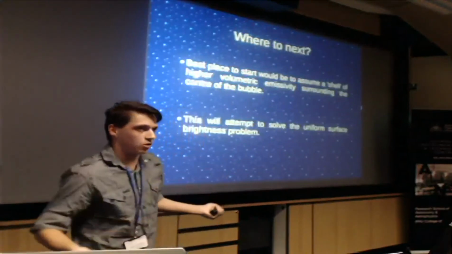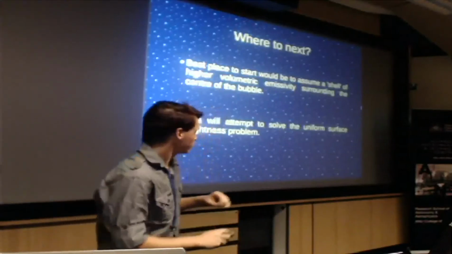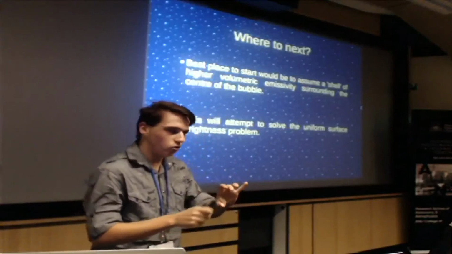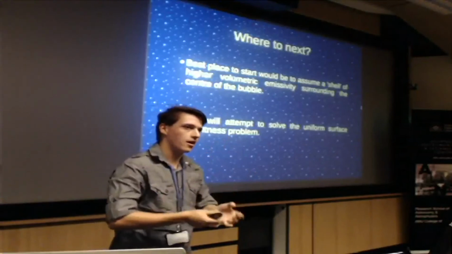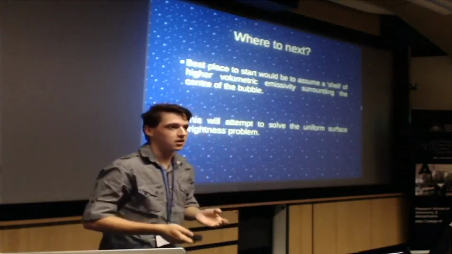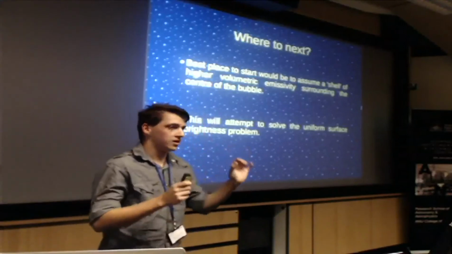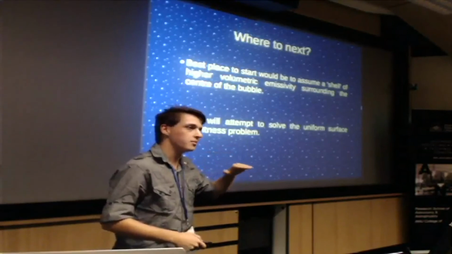So, this is wrong. How do we fix it? What is there left to do? Well, the next step, I believe, would be to model a shell around the center of the bubble that has a higher volumetric emissivity than the center. And what that will achieve, hopefully, is to brighten the edges such that the surface brightness plot will appear mostly flat.